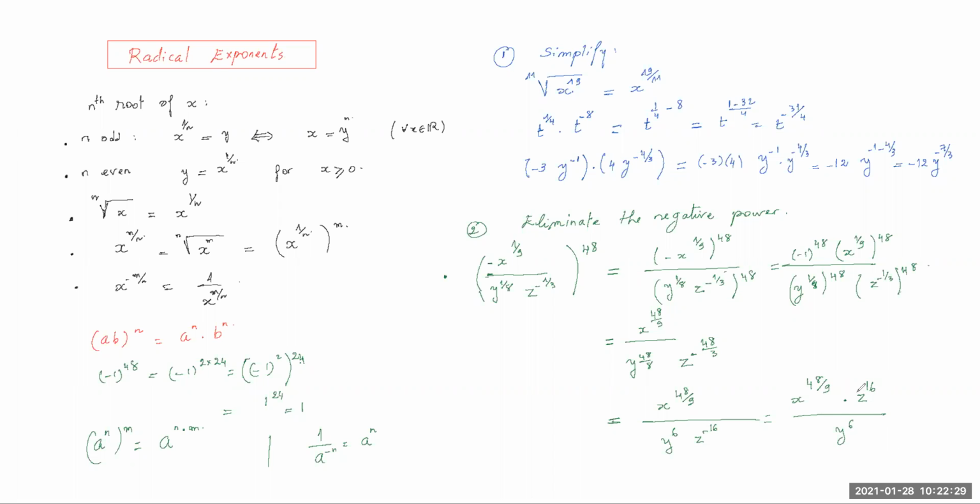Here I have my simplified expression, since I have only positive powers and three expressions, each with different variables. This is how we do it, by recalling the rules we saw previously.